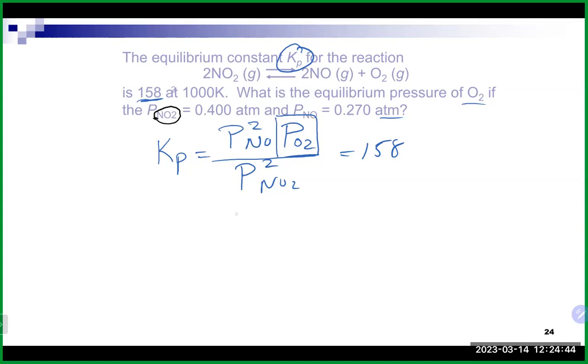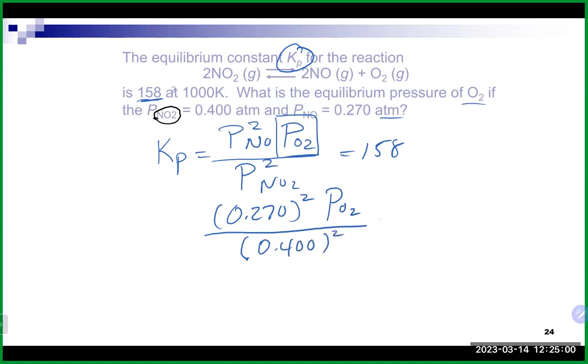And if we did that for NO, we went with 0.27. So that's going to be 0.27 squared times the partial pressure of O2, divided by our NO2, which is 0.4, and we're also going to square it, equals 158. So we're basically going to multiply that to the other side and then come back through and divide by what's on top.